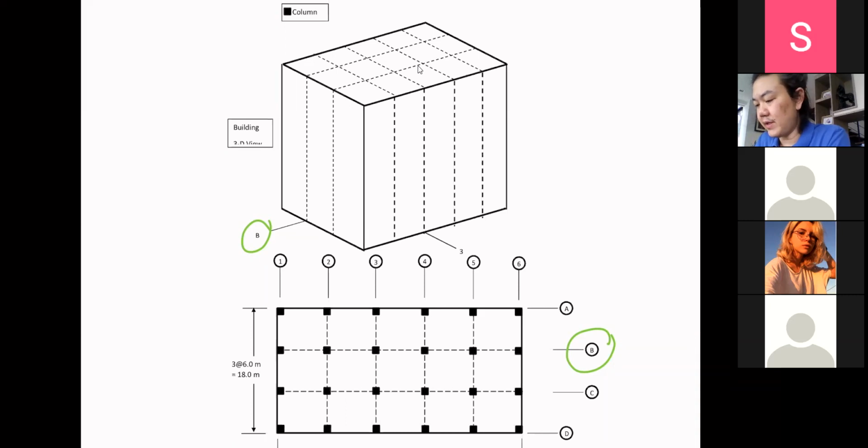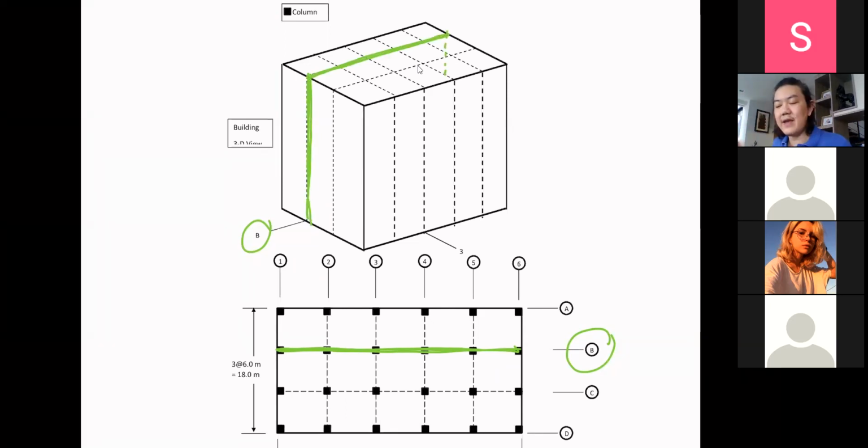Let's look at the frame B. It's a frame in this line, so it's basically this frame.